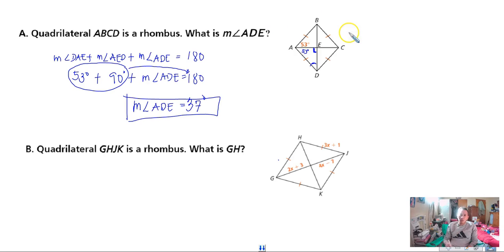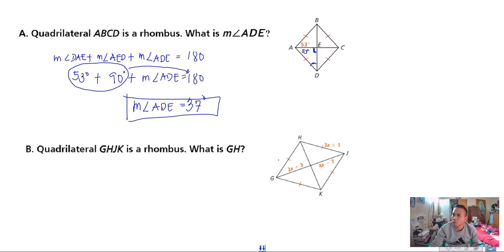ADE is different from DAE. ADE is this angle here, while DAE is the 53 degrees. Remember that consecutive angles are not necessarily congruent. All right, let's proceed to letter B.